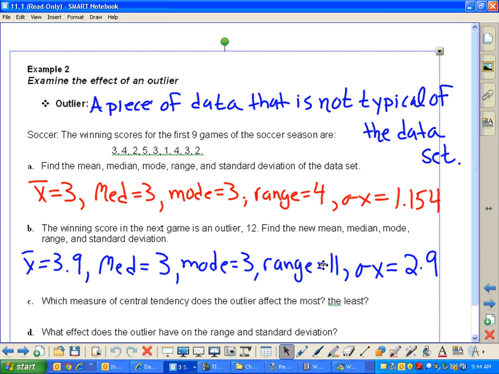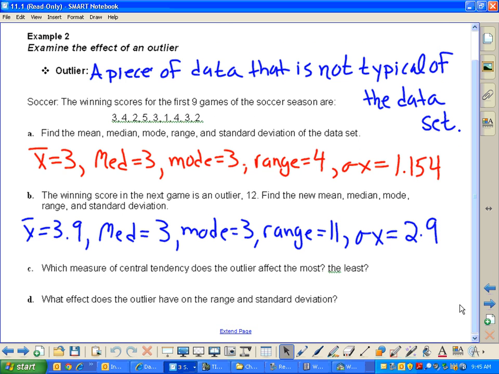The most important questions in the second half of today's lesson are actually C and D. So I need you to critically look at the red row of data and the blue row of data. Part C. Which measure of central tendency does the outlier affect the most? When it says central tendency, by the way, those are your 3 M's: mean, median, and mode. Which one did it affect the most?